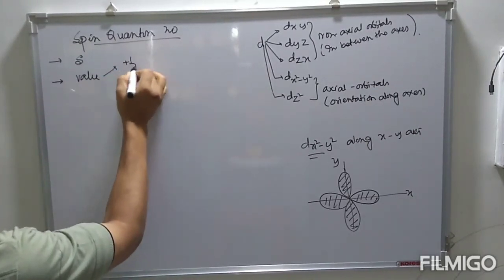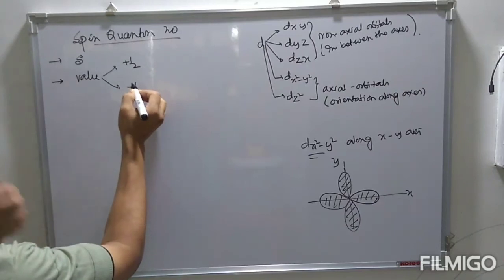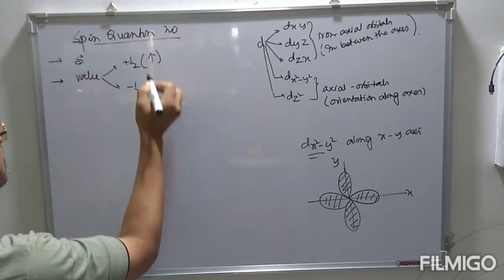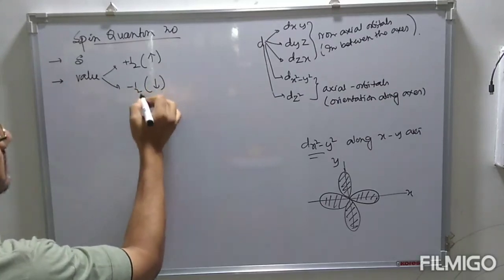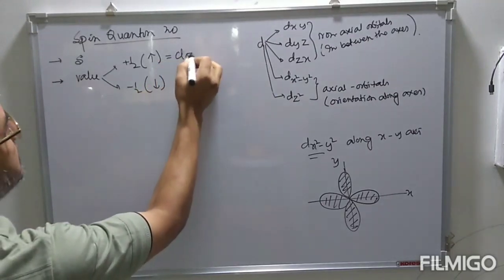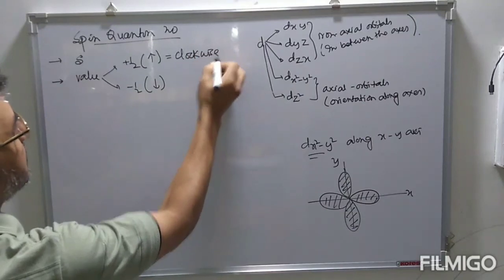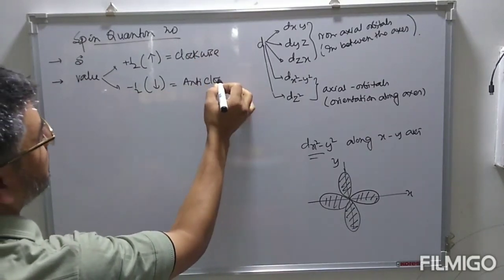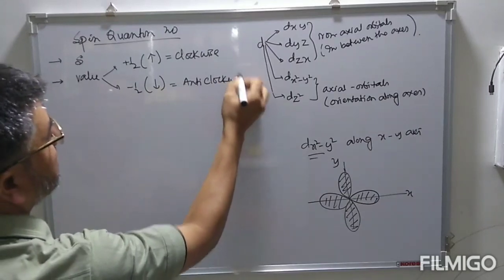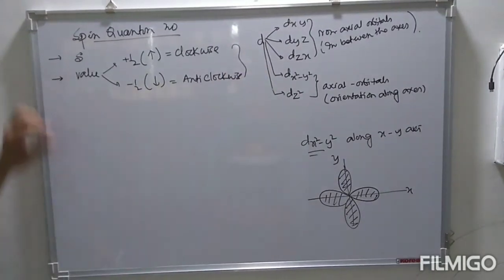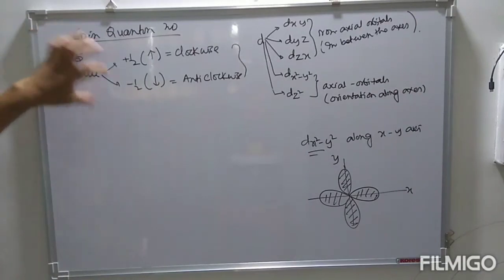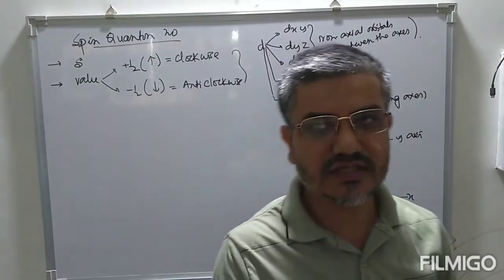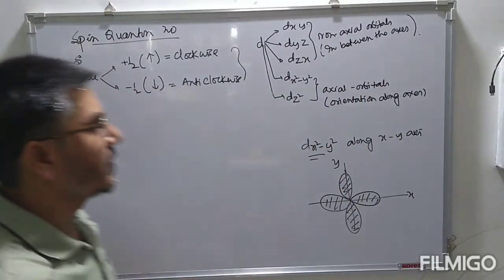So only two possibilities, plus half or minus half. Plus half is known as clockwise spin, and minus half is anti-clockwise. So spin quantum number represents how the electron spins while moving around the nucleus.